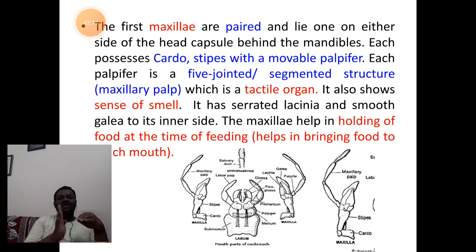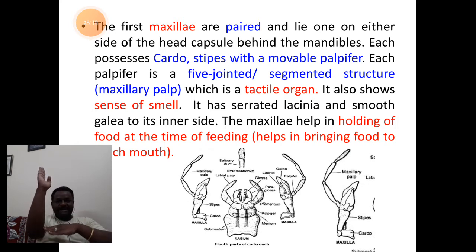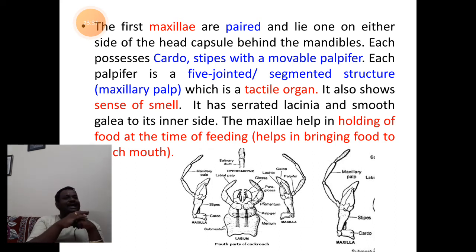Stipes is a vertically placed structure. So the horizontally placed structure is the cardo, and the vertically placed structure is the stipes. This stipes, towards its lateral side, is provided with an extension. We call that extension the palpifer. This palpifer attached to the stipes is said to be movable.